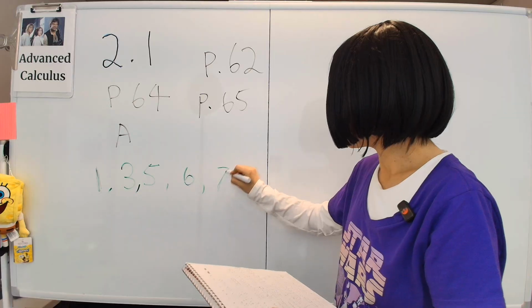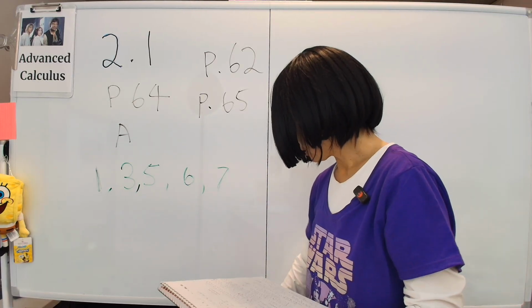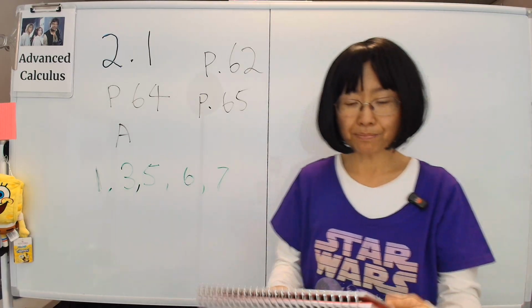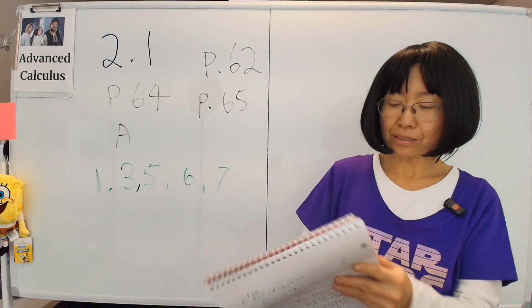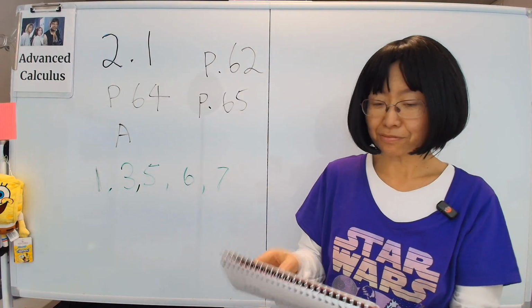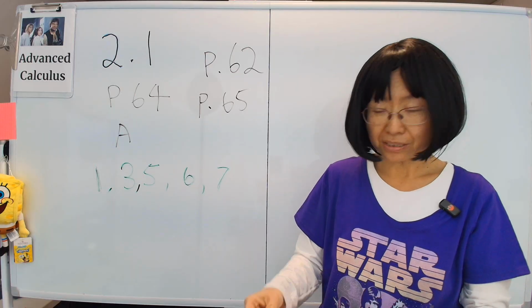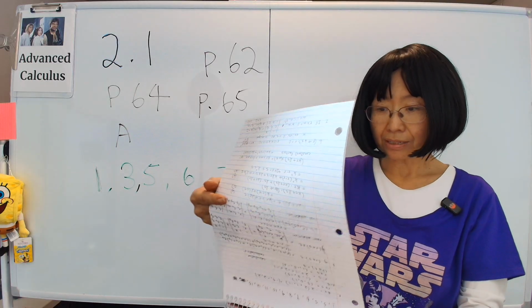So that's problem 7. Problem 8 is something that we've done before in basic calculus. But in here, I want to use the new fancy methods. The old method is very short already.